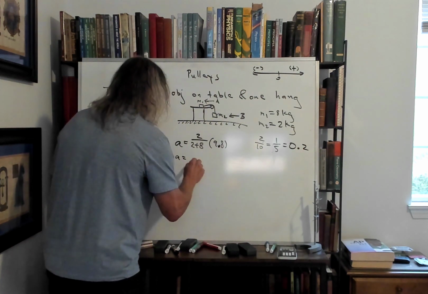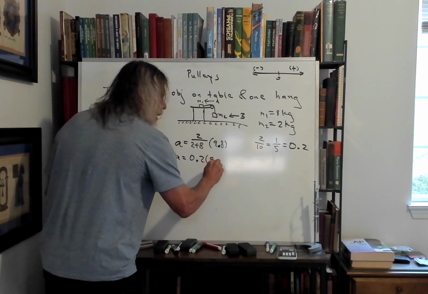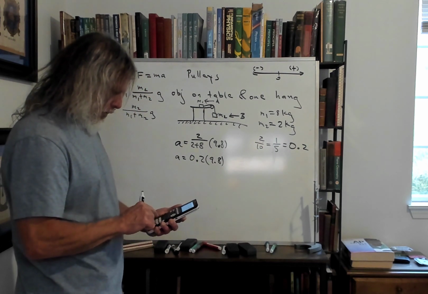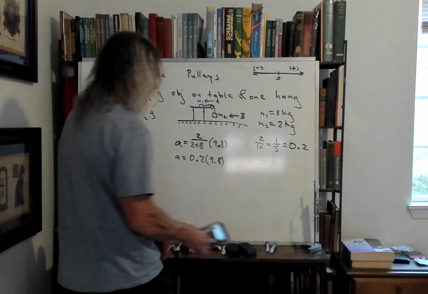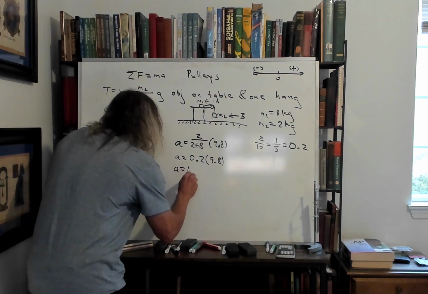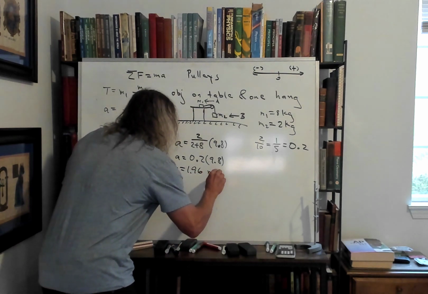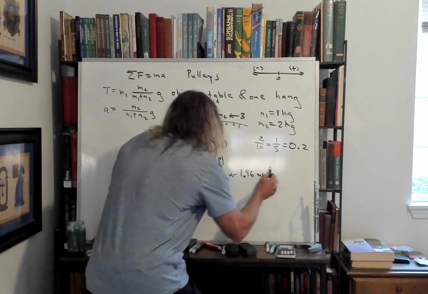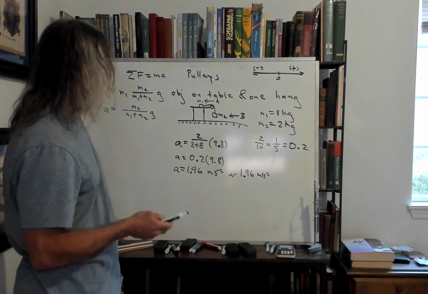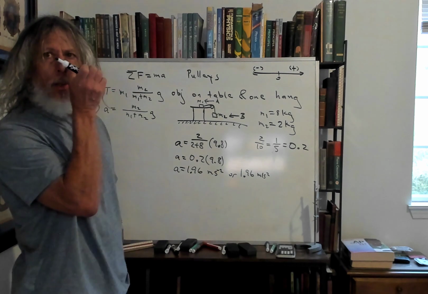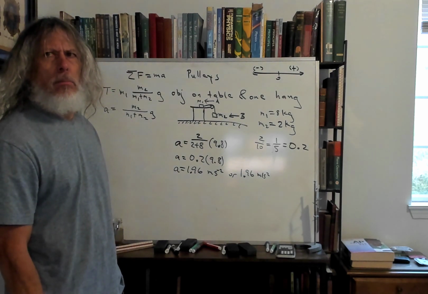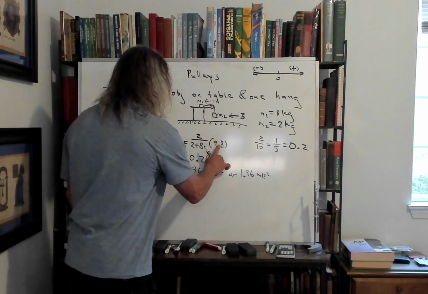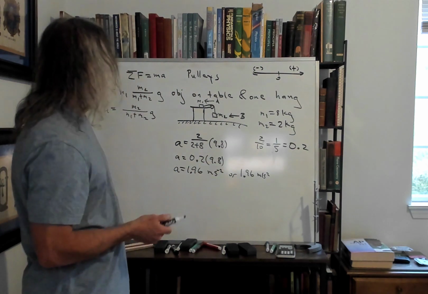And then 0.2 times 9.8 equals 1.96. So 1.96 meters per second squared. You can round it to sig figs. Cool.